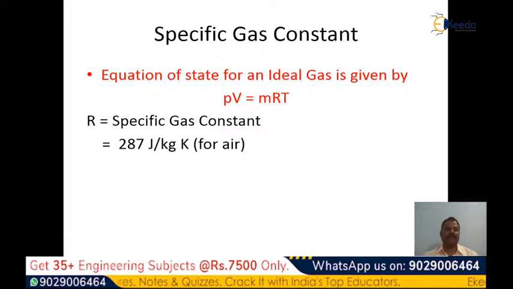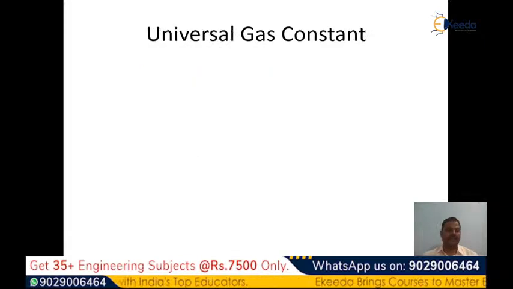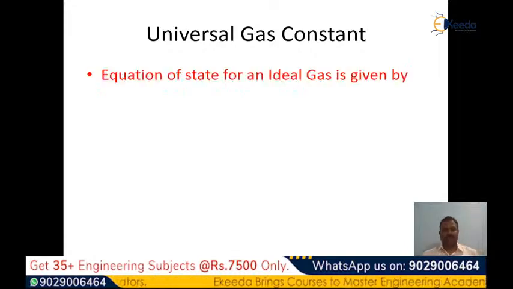And then after the specific gas constant, let us know the universal gas constant. Here once again let's have the equation of state for an ideal gas, that is given by PV equal to nRT. It is on the molar basis, whereas for the specific gas constant we took the mass basis. Here we are taking the basis of number of moles of gas.